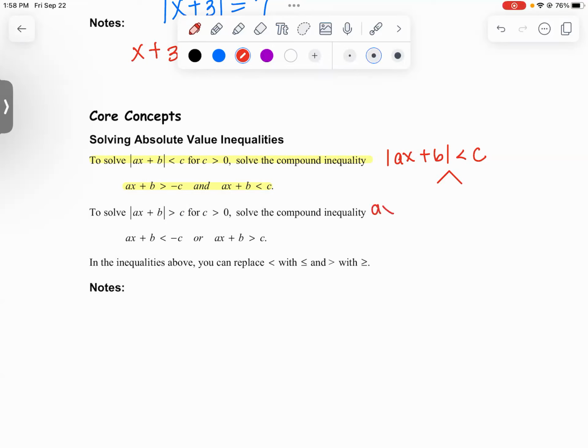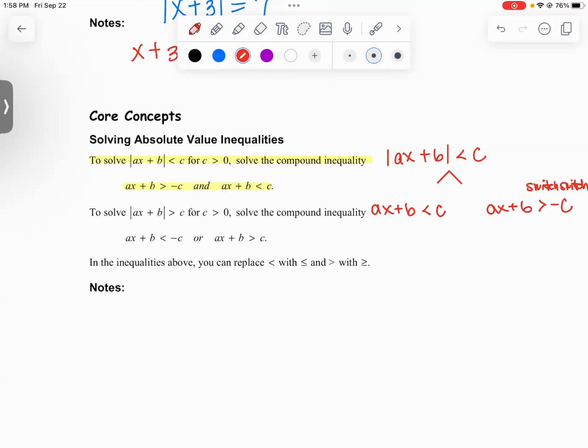We're going to have ax plus b is less than c. We're going to have ax plus b, we're going to switch and switch. So we're flipping the inequality sign and we're flipping the sign of c. Do you see how both of them changed?